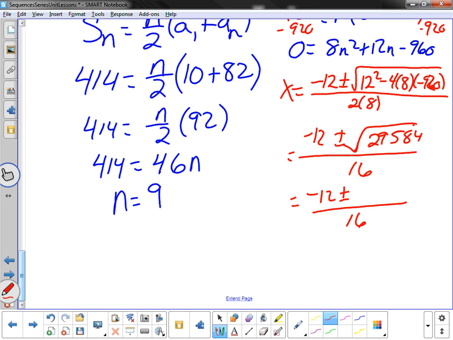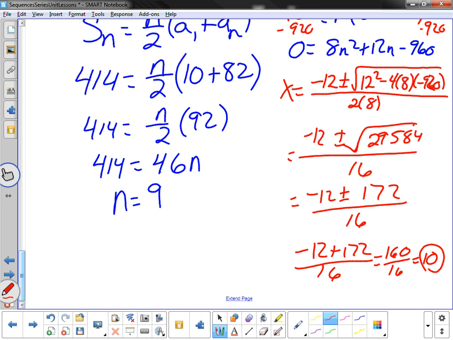Square root that value, and I get 172. There we go. Negative 12 minus 172 is a negative number. Ignore it. So negative 12 plus 172 divided by 16, which will give me 160 over 16, which will give me 10 terms in that sequence.